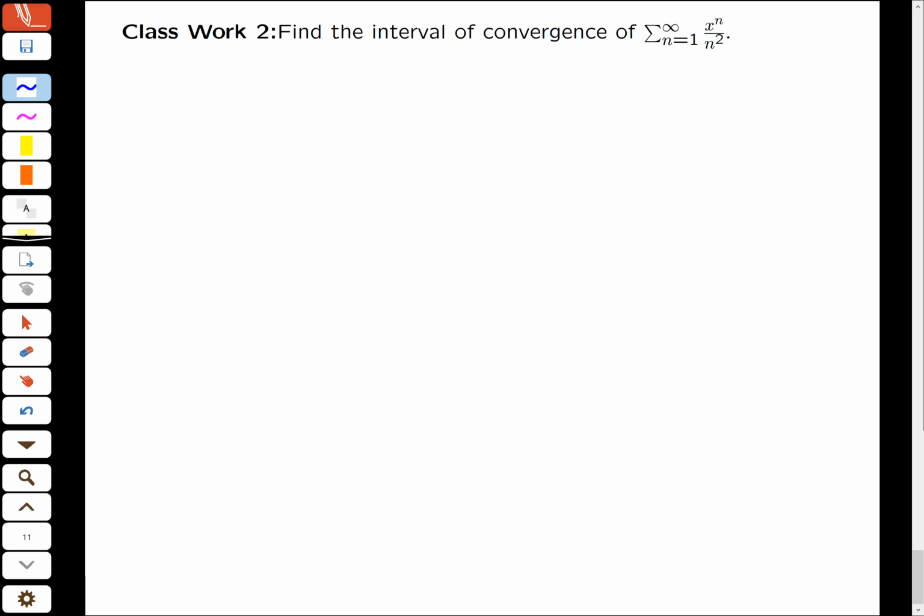Okay guys, so you get to something that looks like this as a limit, right? Did we get to that as a limit? Okay. Take the limit inside your square.